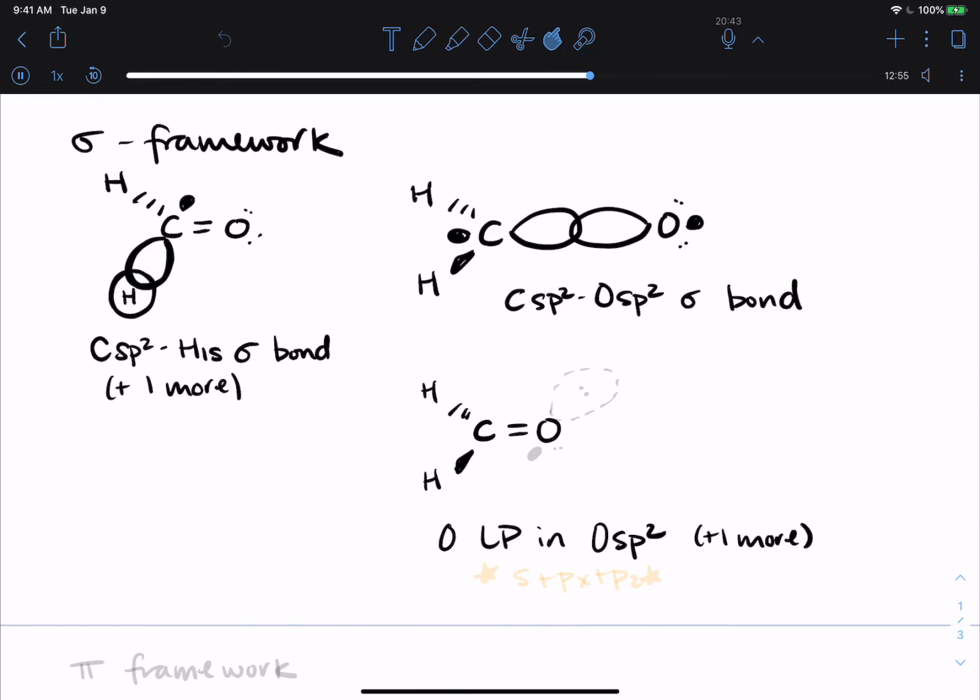And then just a star note here, it's going to be s plus px plus pz. So these orbitals have to point the same directions as the sp2 orbitals on carbon. So my lone pairs are coming out and going back behind the paper.